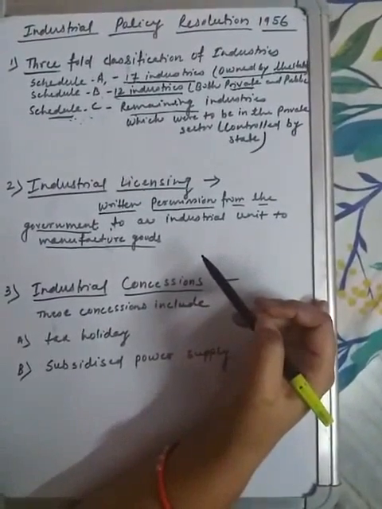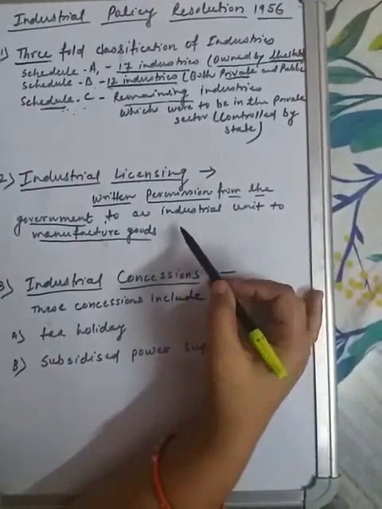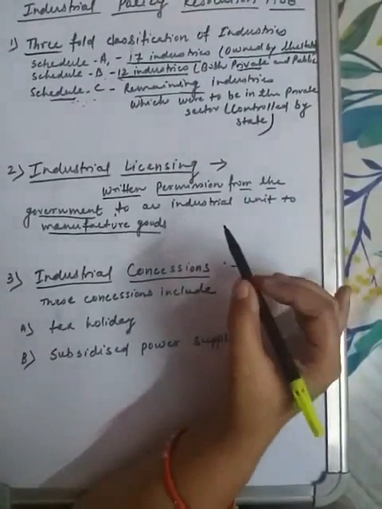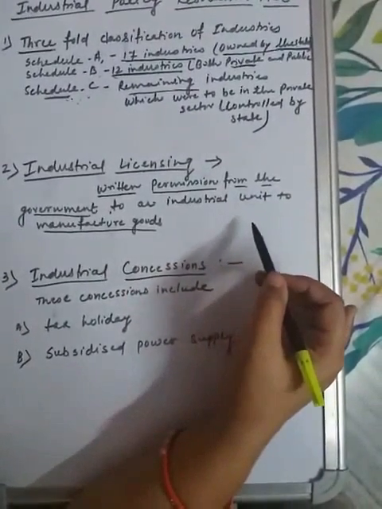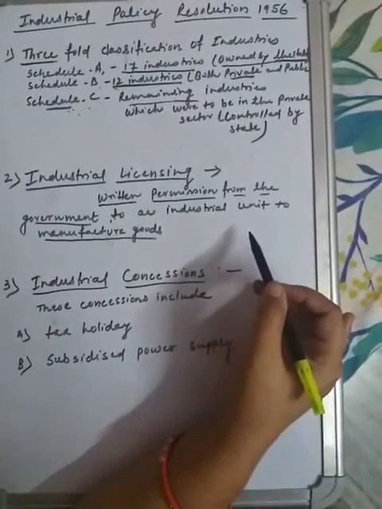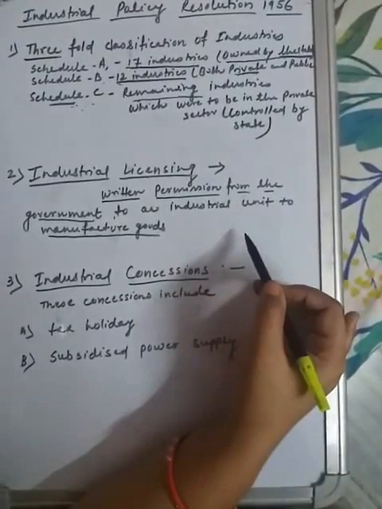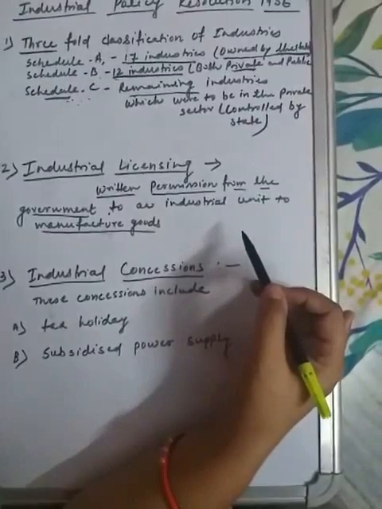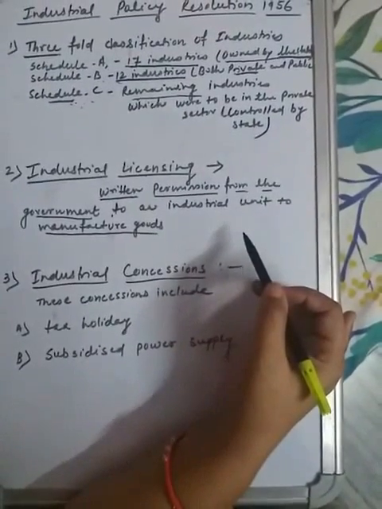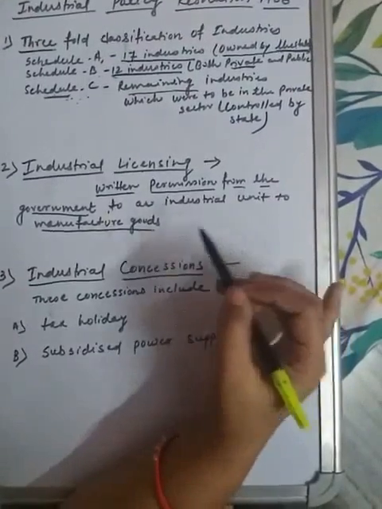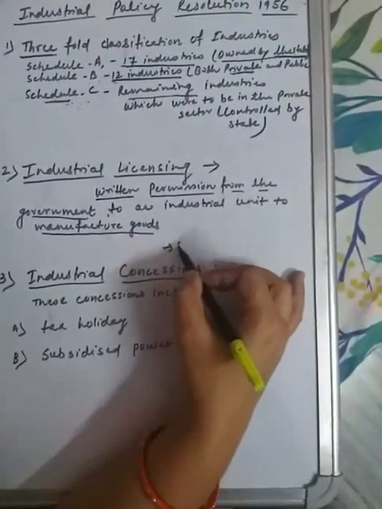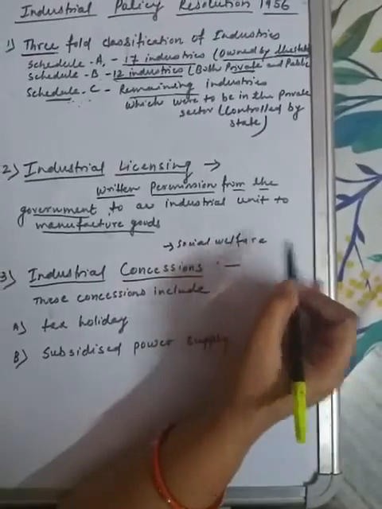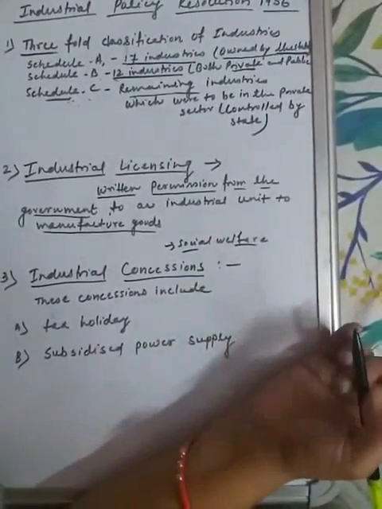The license was needed not only for establishing new enterprises, but also for expanding the production capacity of existing ones, and also for diversification of product. This was to regulate the allocation of resources to different uses. The focus was to promote social welfare rather than private profit.